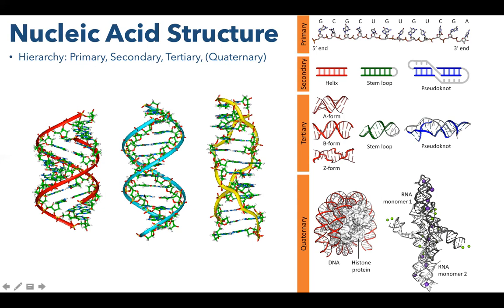So again, we also have the stem loop. If we are considering the three-dimensional stem loop or hairpin loop in your RNAs, then we are talking about the tertiary level of nucleic acid structure, and the same goes for the three-dimensional pseudoknot.